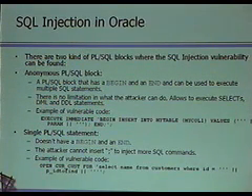Depending on where the SQL injection vulnerability is found, it can be divided into two groups: when the vulnerability is in an anonymous PL/SQL block, and when it is in a single PL/SQL statement. When it is in an anonymous PL/SQL block, the block starts with BEGIN and END, and can be used to execute multiple SQL statements.